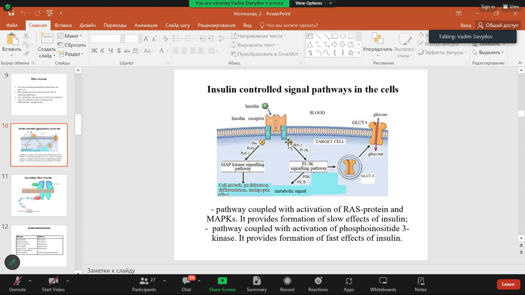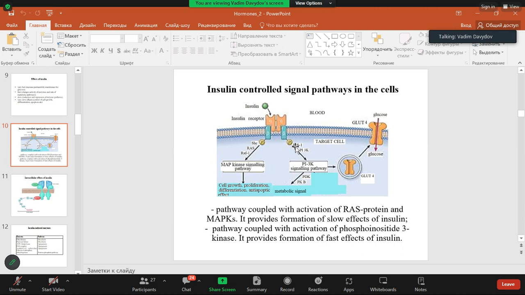The second signal transduction pathway coupled with insulin is coupled with activation of a special enzyme, phosphatidylinositol triphosphate kinase.